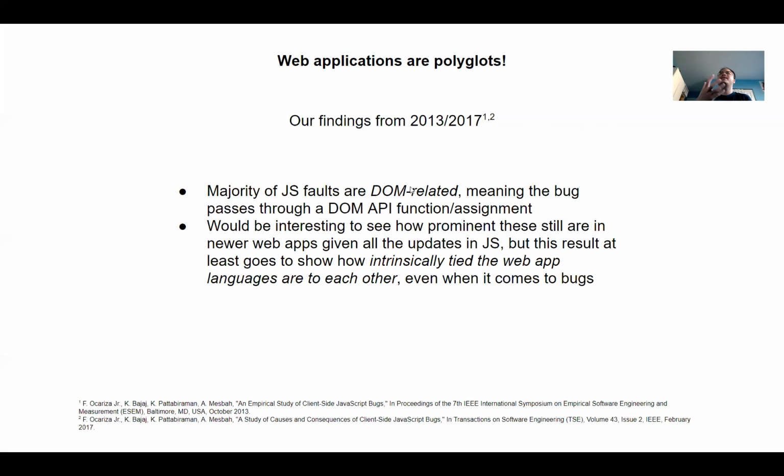Obviously, this study was conducted a while ago, so we're not exactly sure whether these results still apply, especially now that JavaScript has been updated extensively. But at least it goes to show how intrinsically tied web application languages are to each other, not just in functionality, but also in bugs themselves.